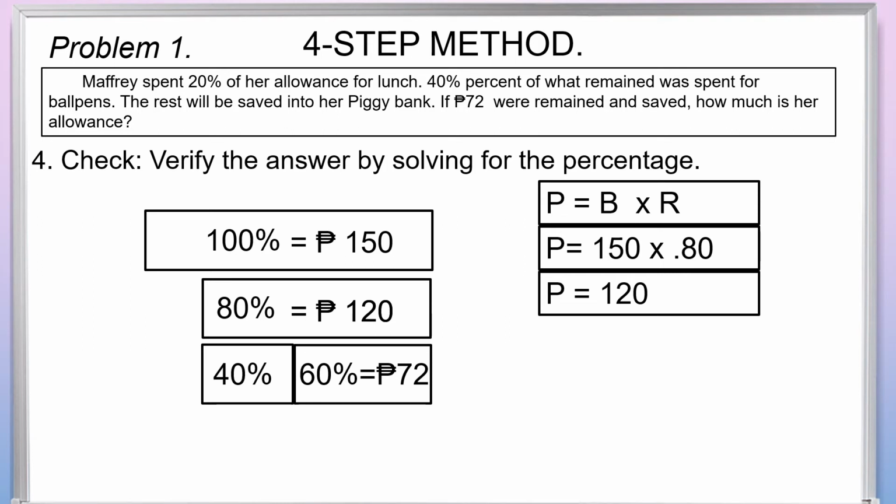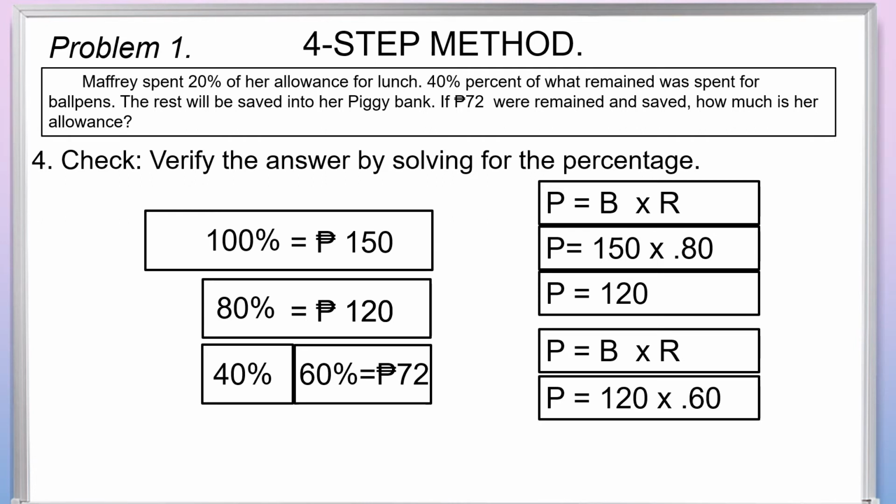Next, we will solve for what is 60% of 120. And let's use again the formula P equals B times R. Changing them to mathematical symbols, we have 120 as the base and 60 hundredths as the rate. 60 hundredths is equal to 60% when changed to decimal number.